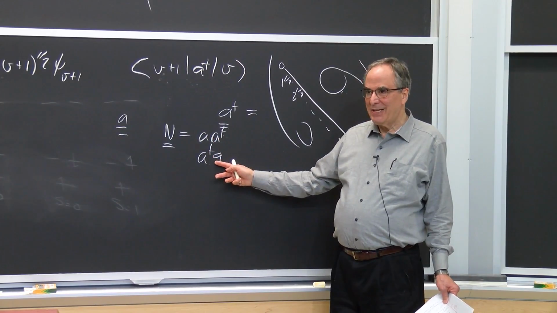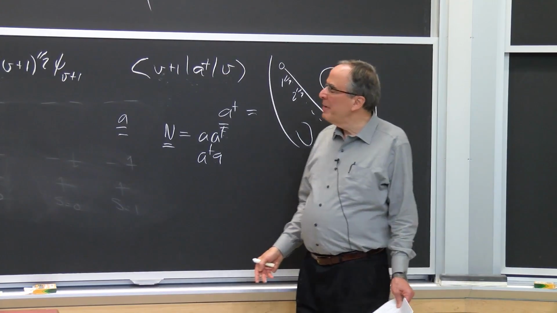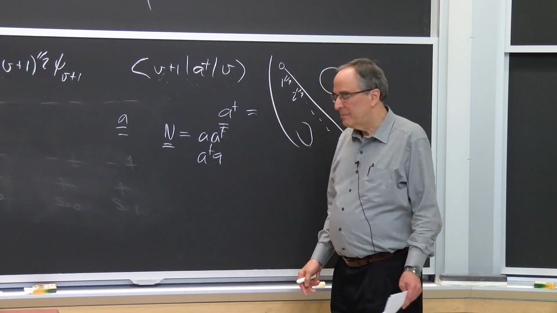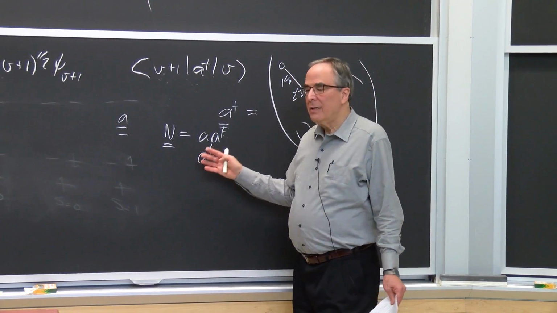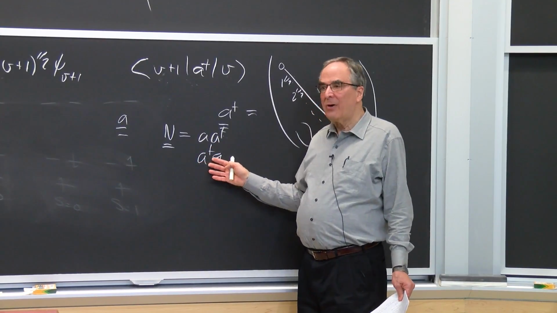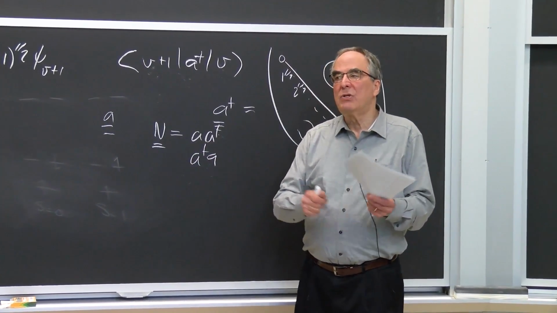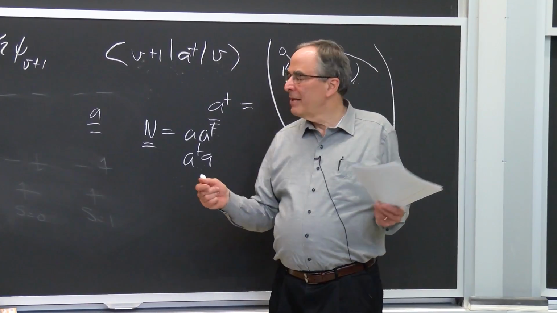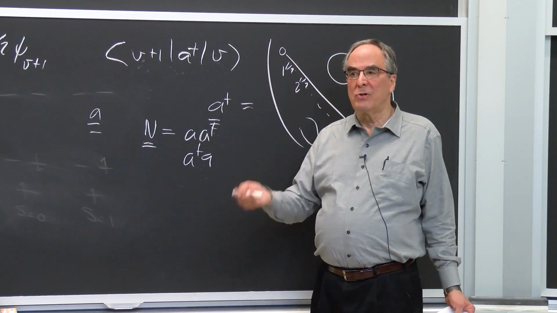This. Yes? Okay, one way to remember this is when you operate with either A or A dagger, it connects two vibrational levels, and the thing you put in the square root is the larger of the two quantum numbers.